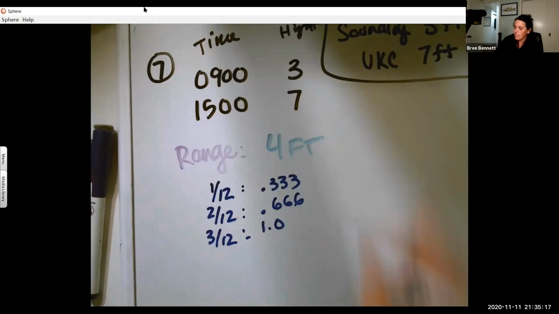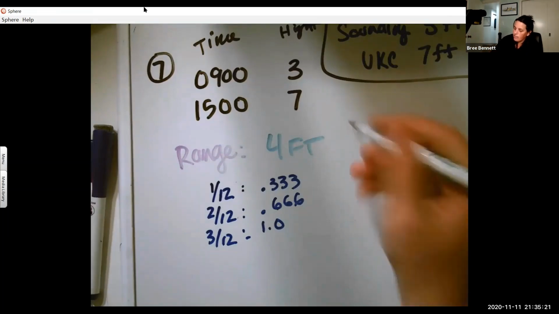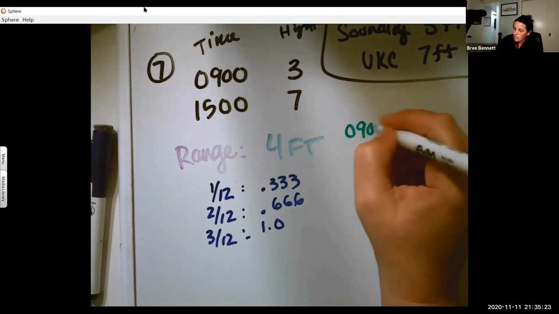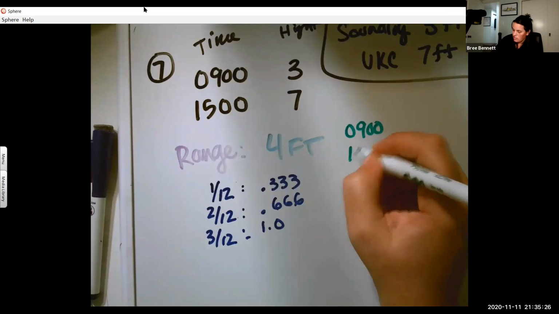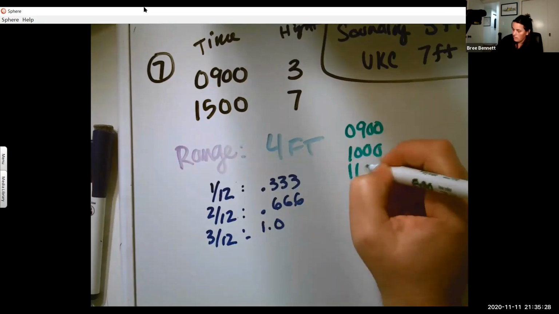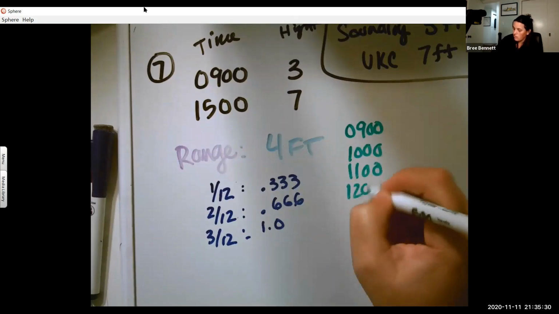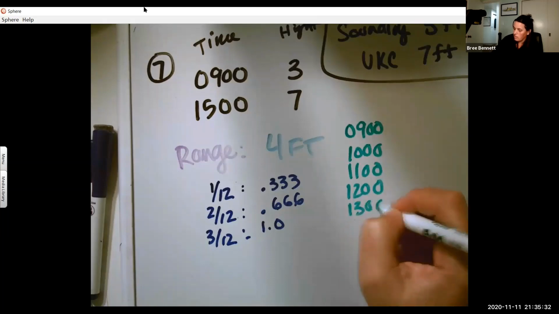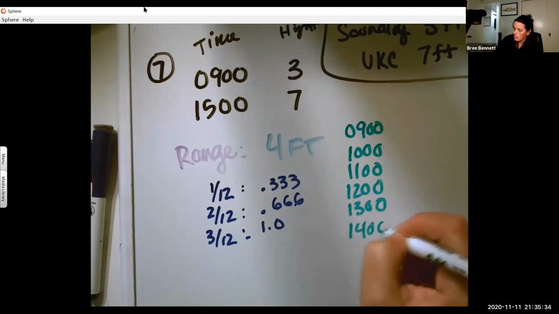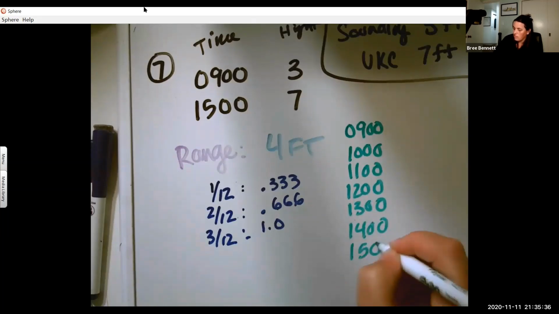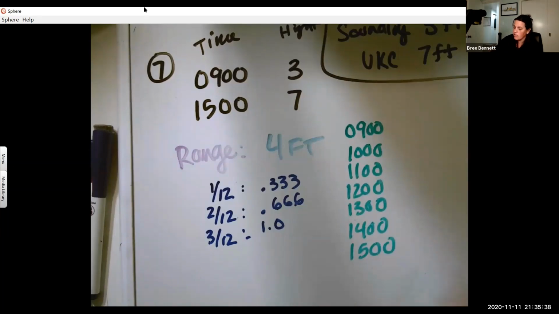So now I'm going to put in a little timeline here. So I have 0900, 1000, 11, 12, 13, 14, 15. So at 0900, my tide was 3 feet.